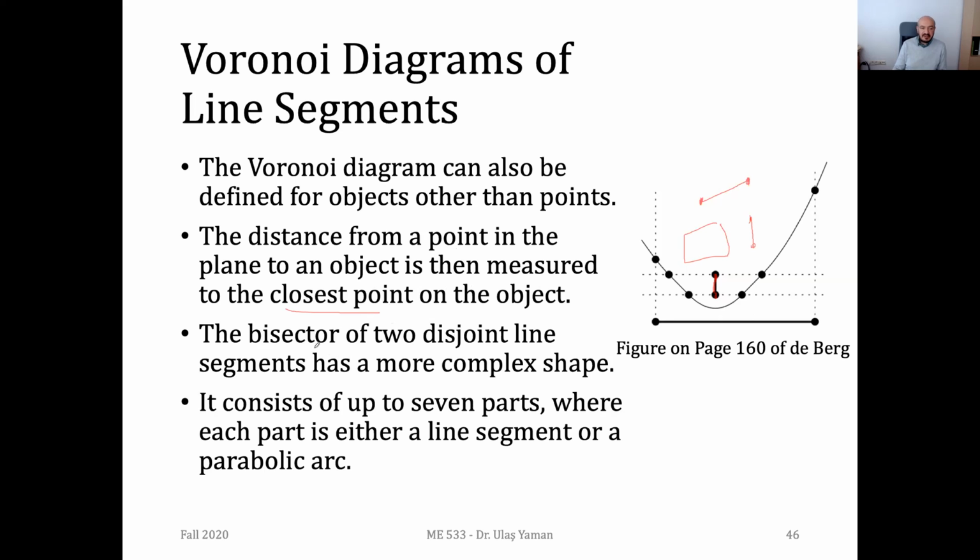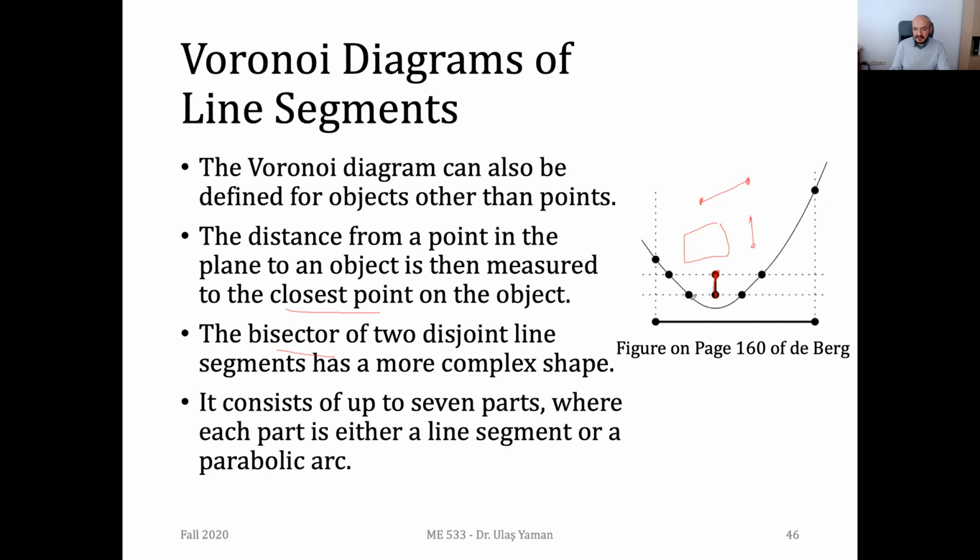Again, we will be making use of some bisectors. If you have many of these line segments, the resulting Voronoi diagram will get complicated. Here you see, for instance, an input line segment, and this is the beach line, or we can say a kind of arc around our input line segment.